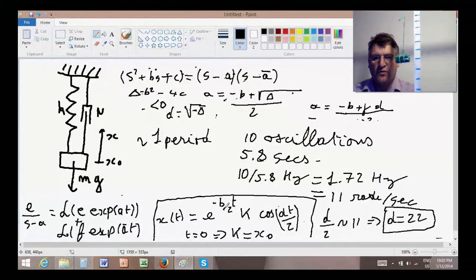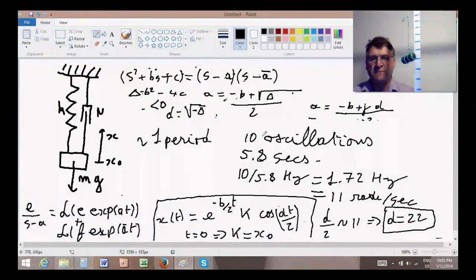Now, we would like to also be able to measure the value of b. Now, this is not as easy because we are about to measure another time constant.